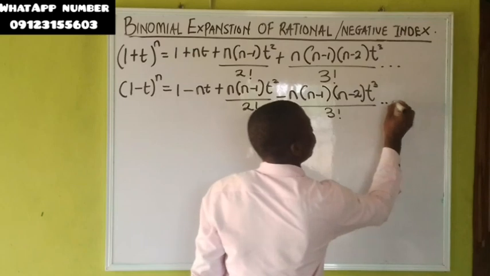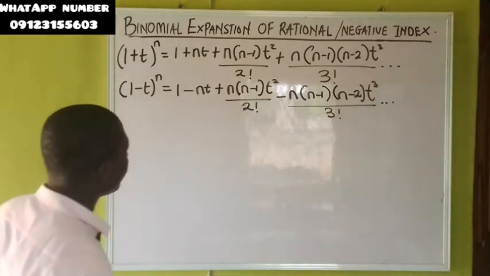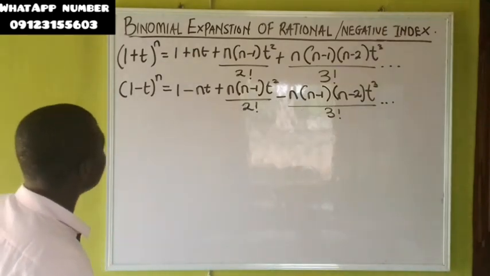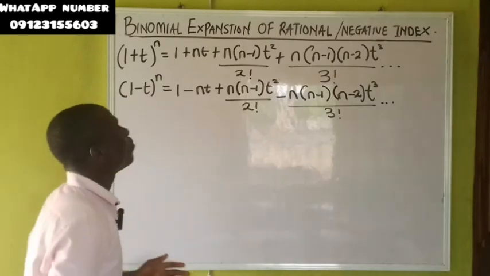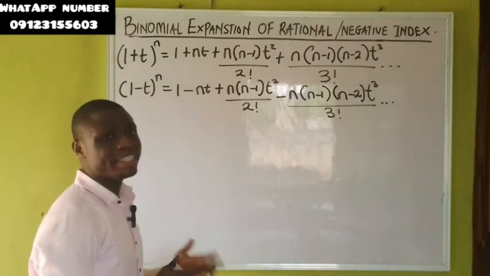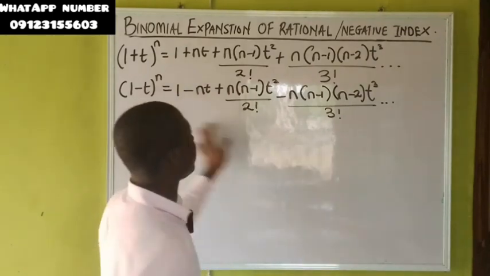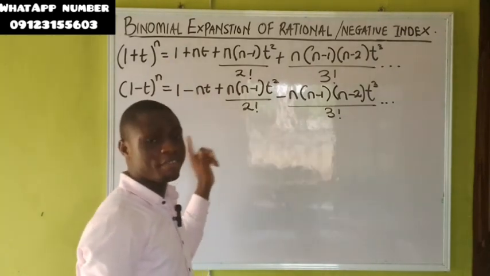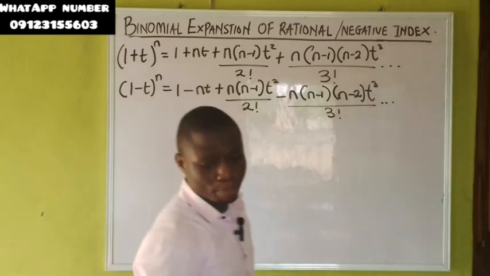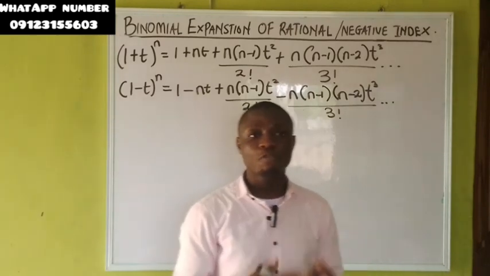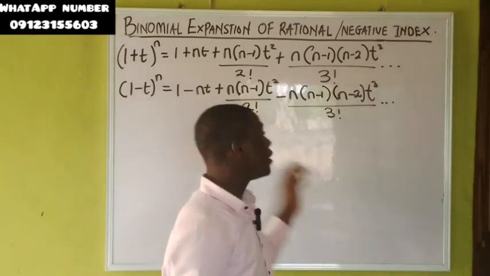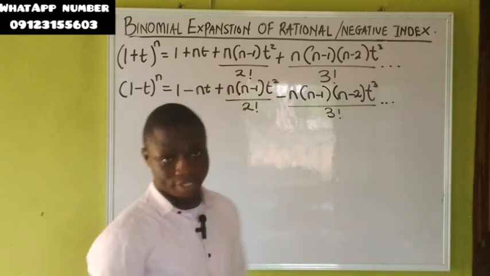It continues. So here is the formula to solve any question where the power is a fraction or negative. This is the formula to apply. Note this one, it's very, very important. Let's take an example and see how we can solve a question by applying this concept.